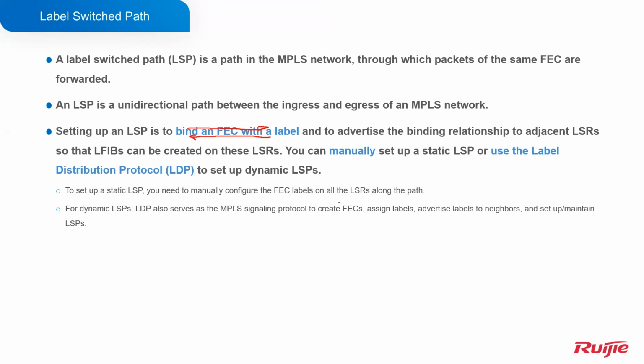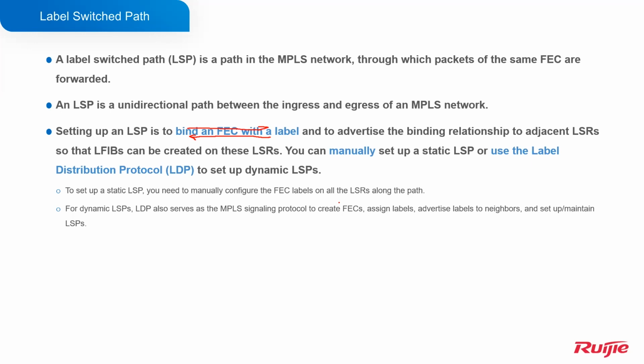So if your network has lots of segments that need to be forwarded by MPLS, the work is very big. In this scenario, you can choose the dynamic way, using LDP to distribute labels with the neighbors. Then everyone can get the label information and forward the message according to the label.